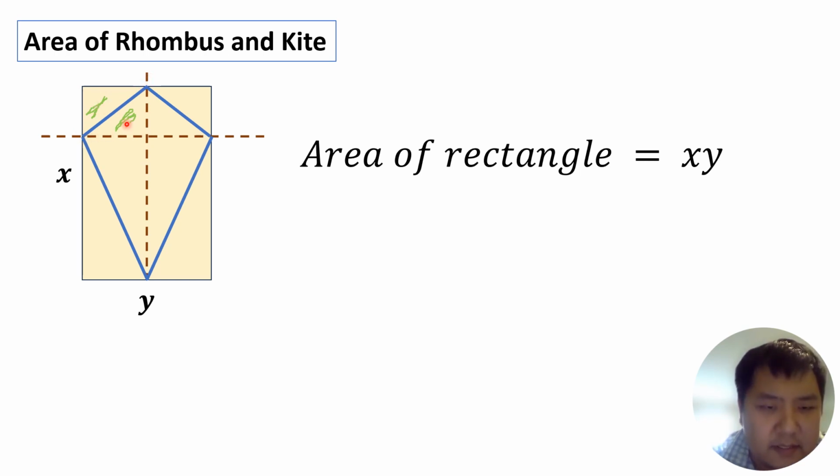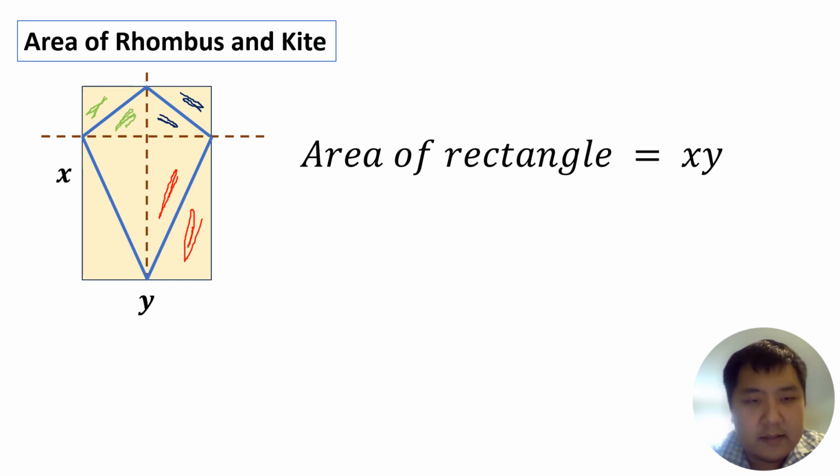So this area is the same as that area. That also means that this area here is the same as this area here, and this area here is the same as this area here. And lastly, this area here is the same as this area here.